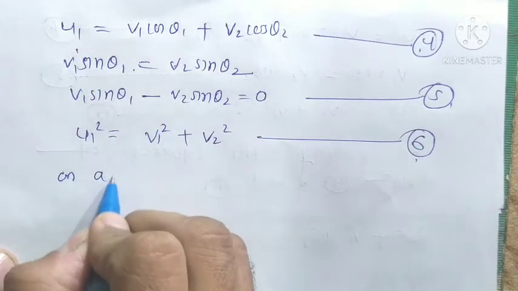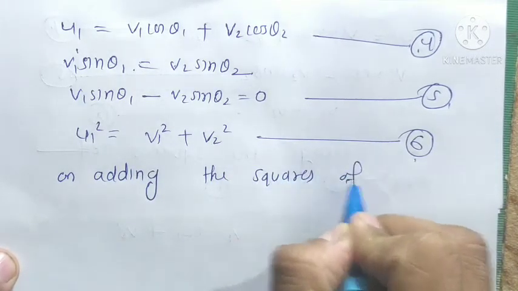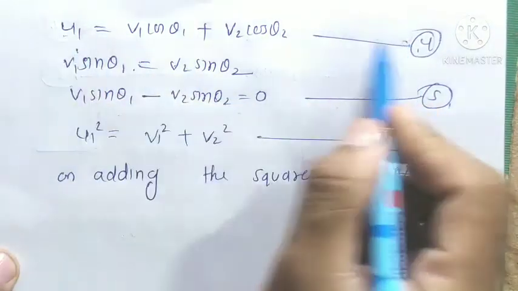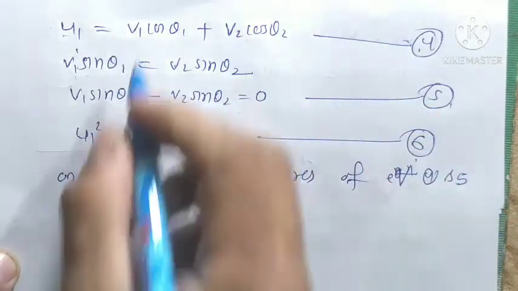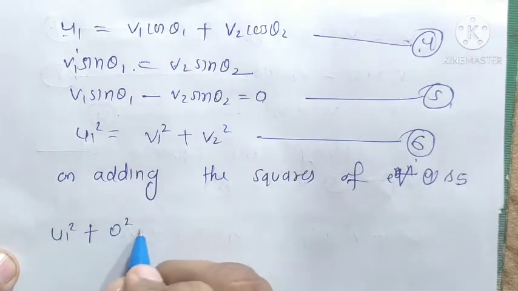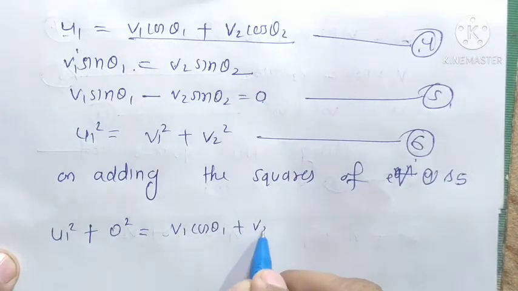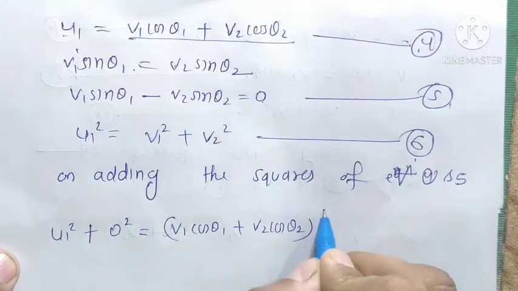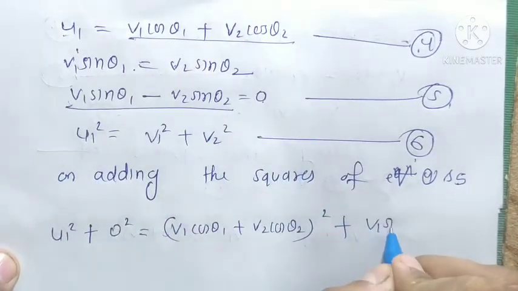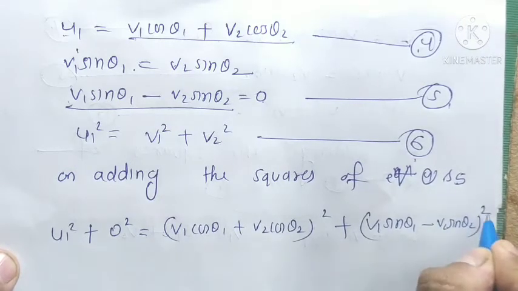So now we add the squares of equation 4 and 5. We square equations 4 and 5 and add. So u1 square + 0 square = (v1 cos theta 1 + v2 cos theta 2) square + (v1 sin theta 1 - v2 sin theta 2) square.